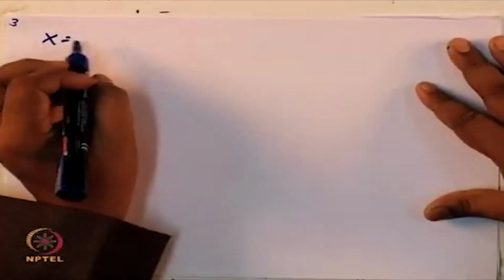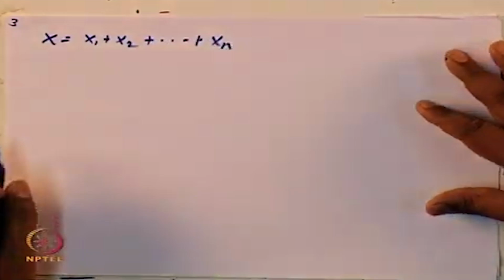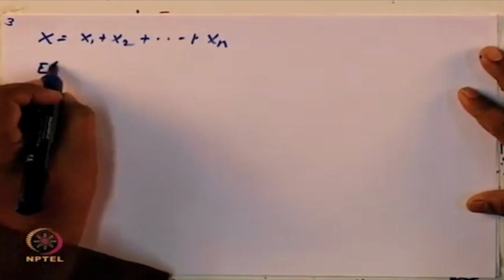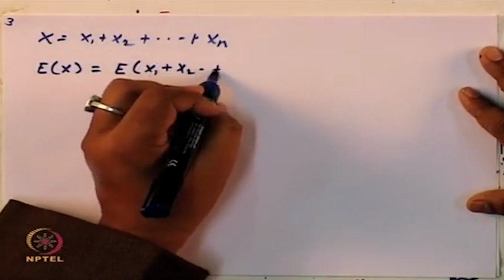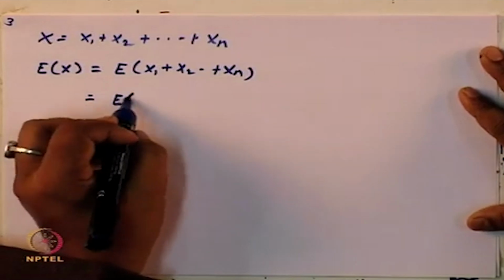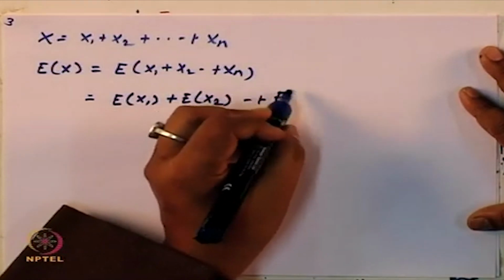And this is very easy to prove. I can write x as x1 plus x2 plus ... plus xn. Since each of these variables is independent, the expectation of x is e of x1 plus x2 plus ... xn. Because these random variables are independent, we can break it down into e of x1 plus e of x2, and so on, plus e of xn.